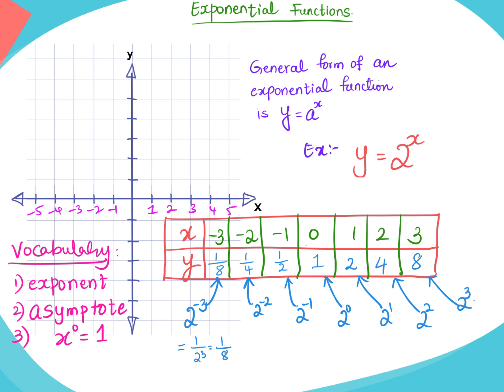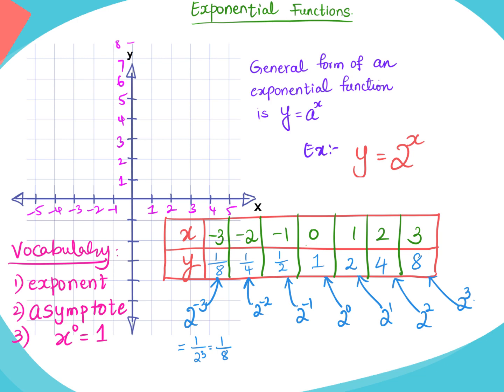For y, my maximum value goes all the way from 1/8 to 8, so that's fine. Let's do 1, 2, 3, 4, 5, 6, 7, and maybe somewhere over there would be 8.